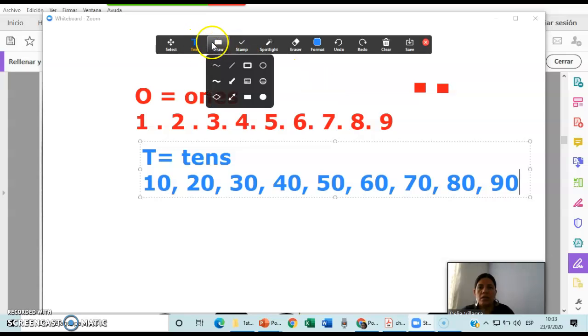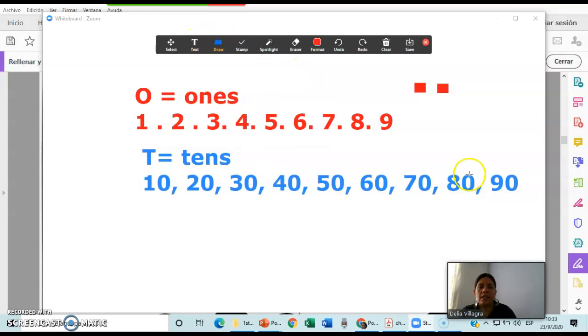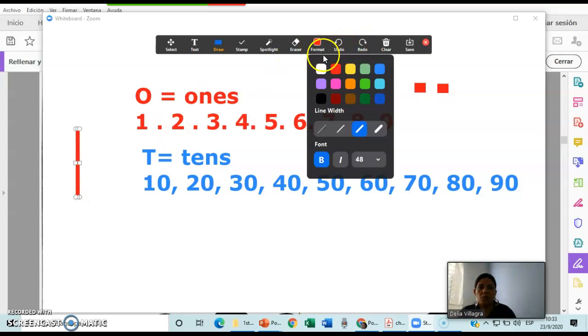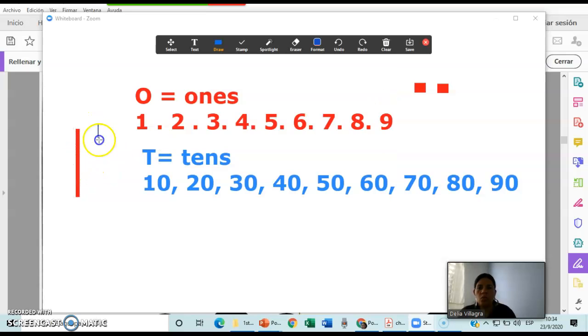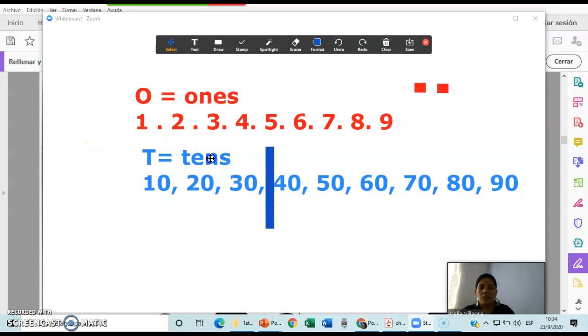Very well. How do you represent that? We use a small line like this. I'm going to use blue. So with a line like that, that represents the tens. Okay, so I'm going to put it here so you remember that.